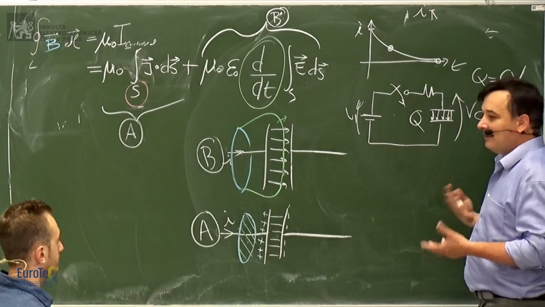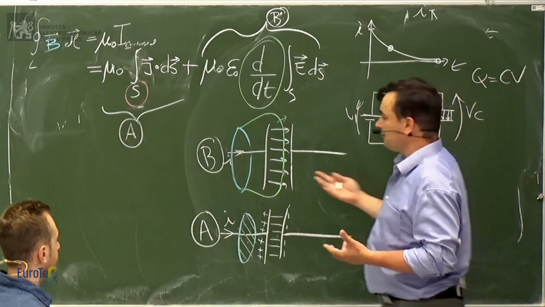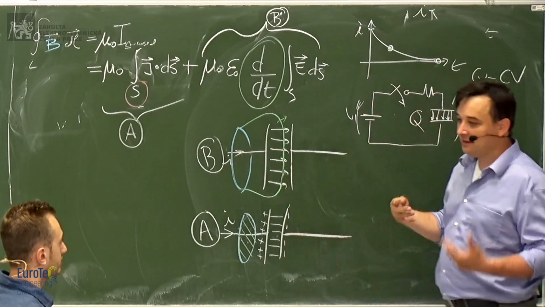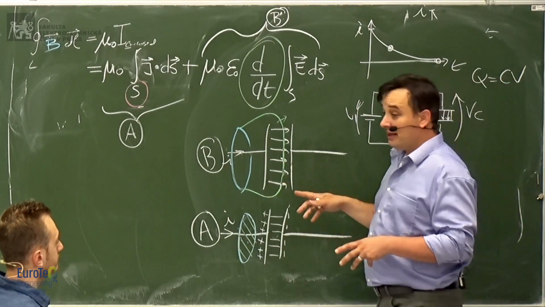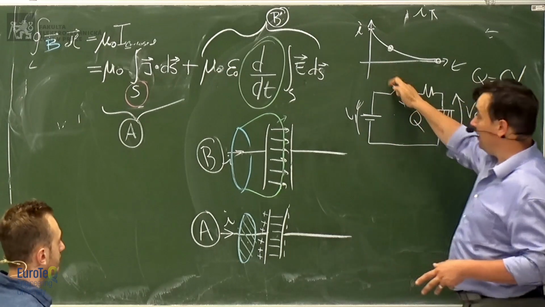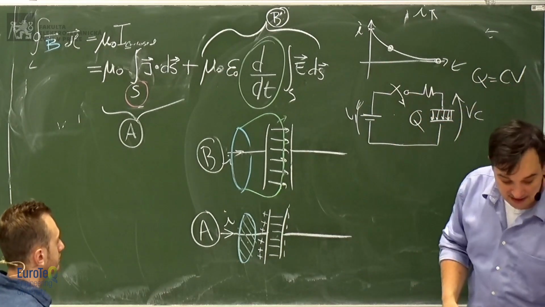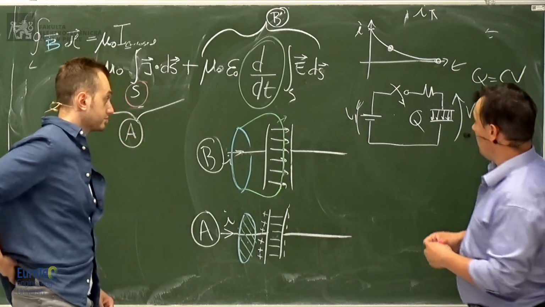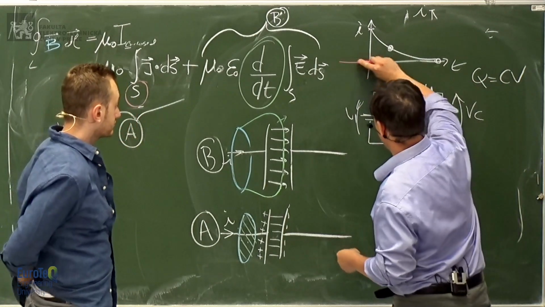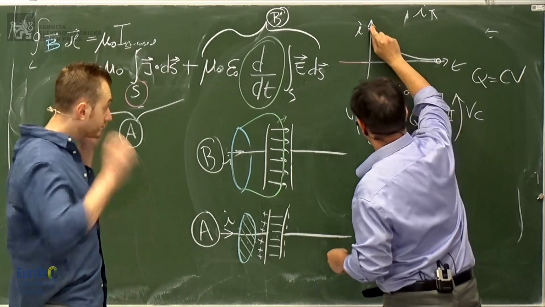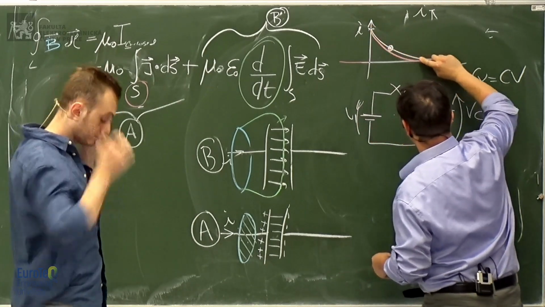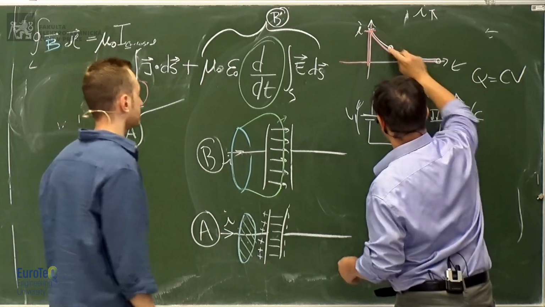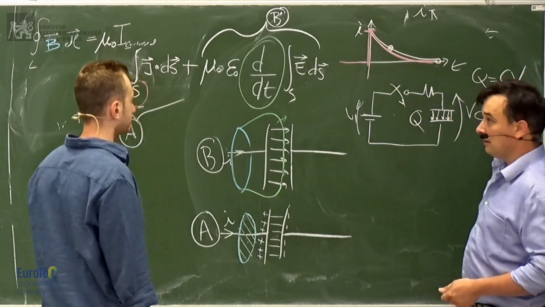Reality is that there are some charges. There is some current, and the current generates the magnetic field. And you have a current, even in this case. There are cases where the current starts from a value and goes down to 0.